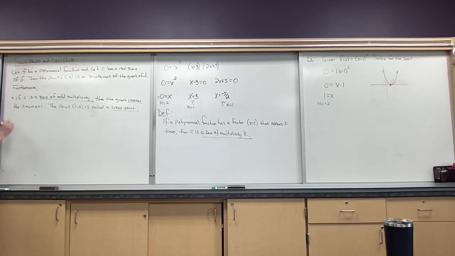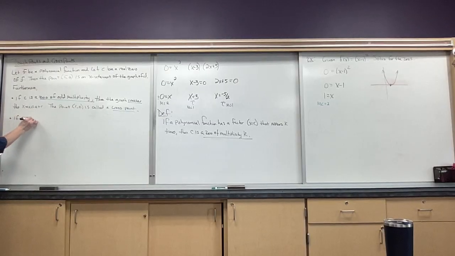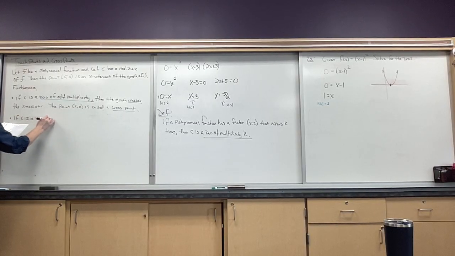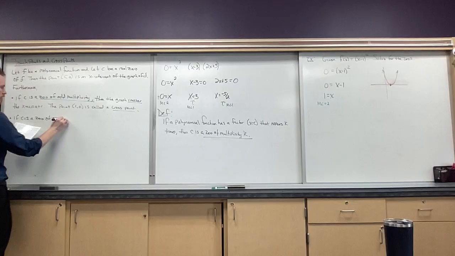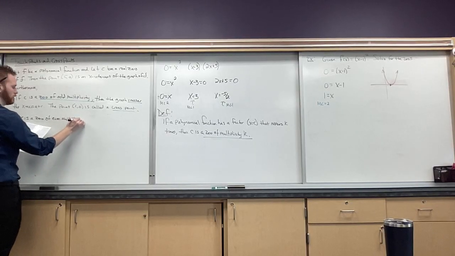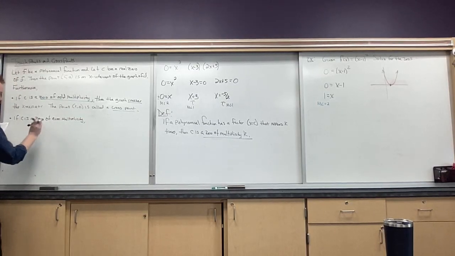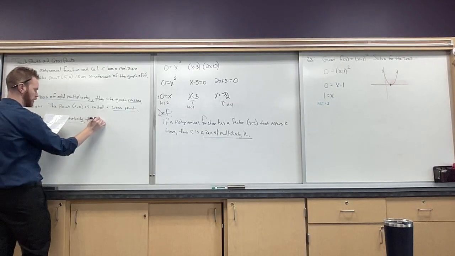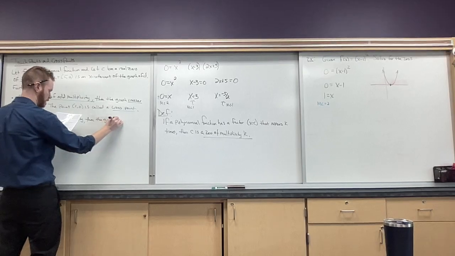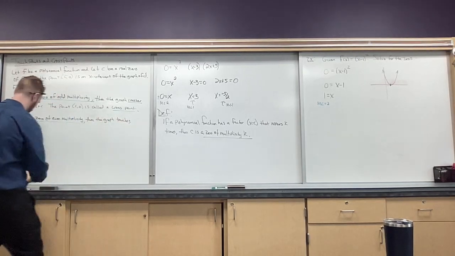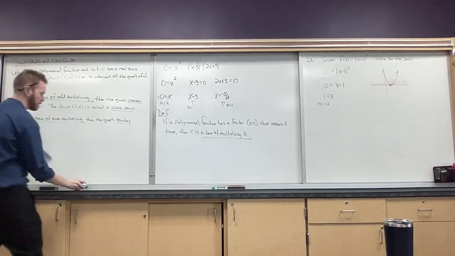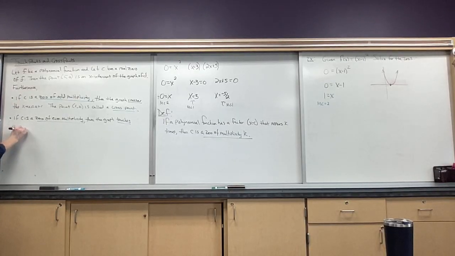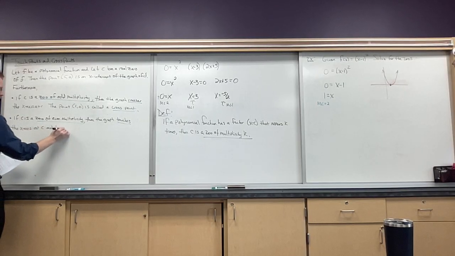Now, if c is a zero of even multiplicity, then the graph touches the x-axis at c and turns back around.